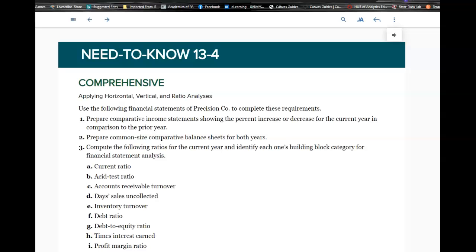In this case, we might be taking everything as a percentage of sales on the income statement, or a percentage of total assets on the balance sheet, and comparing all the line items that are being reported to that base amount. And so that's what we call a vertical analysis. And then we have ratio analysis. Ratio analysis looks at key relationships between items in the financial statements. They could be within the same financial statement, or they could be across financial statements.